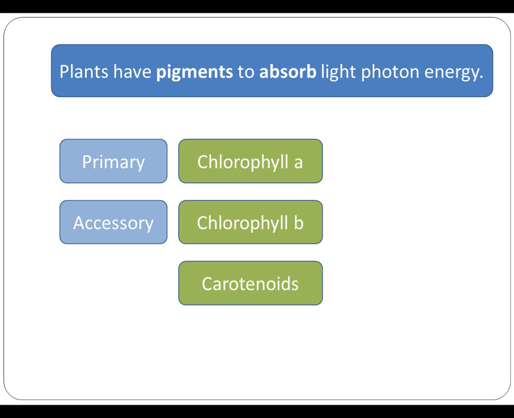They should be able to pick up the reds and reflect the oranges. And I have the little ellipses here. There are other accessory pigments that can pick up other ranges of the visible light spectra that display a red appearance or orange or yellow as well.